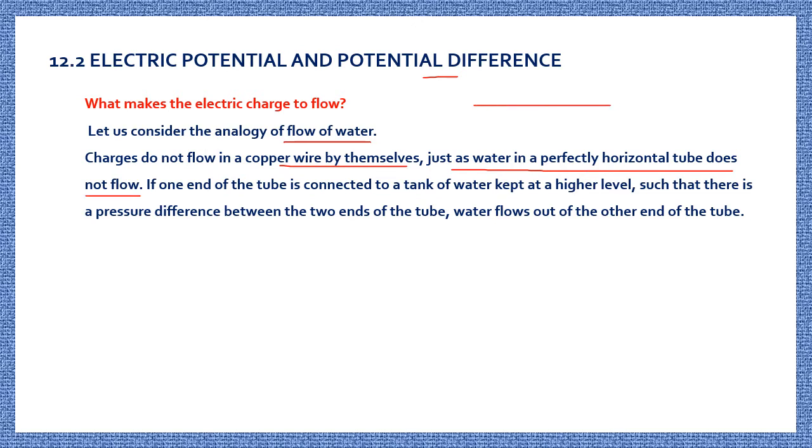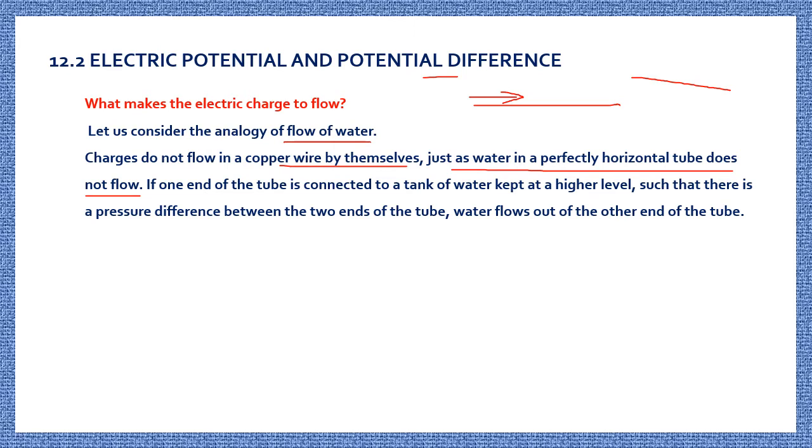If a pipe is horizontal, water will not flow automatically by itself. Water needs a force to be pumped, then only it will move inside the pipe. Or the pipe should not be horizontal, then only water will flow. In the same manner, electric current will also not flow by itself. It also needs a push.